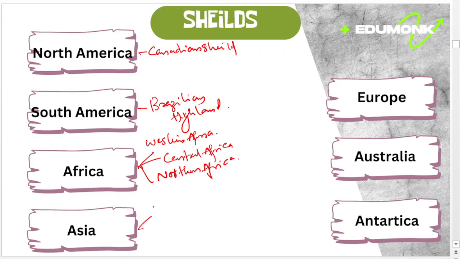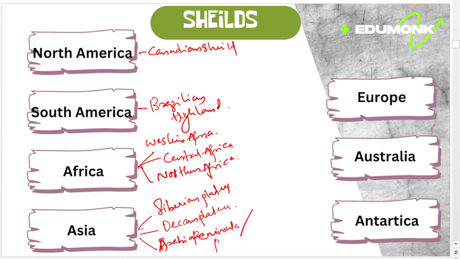In Asia, you can see three shields. The first one is the Siberian Plateau. The second is the Deccan Plateau. The third one is the Arabian Peninsula, or Arabian Plateau.